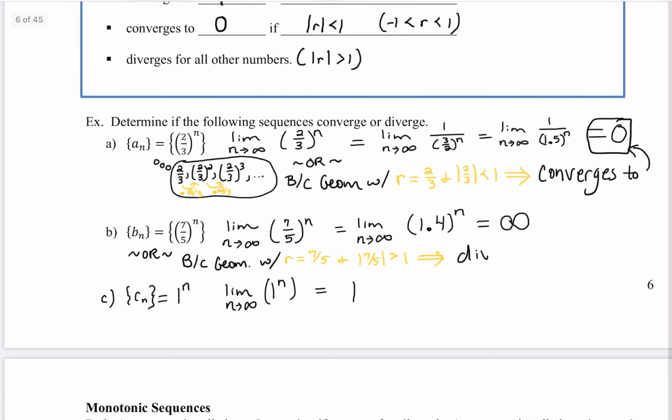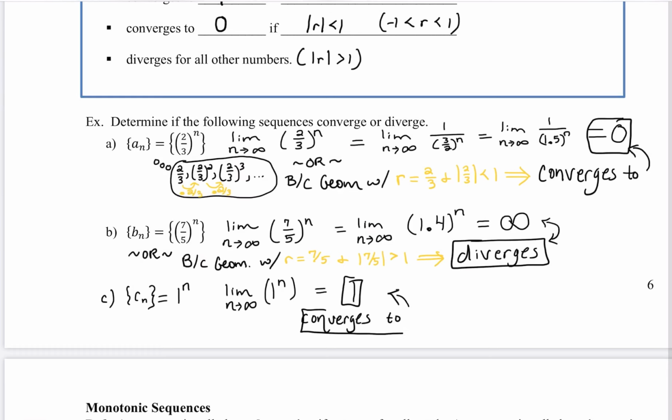And of course, that's what we know if the limit goes to infinity. So these two go hand in hand. And then of course the last one, it's geometric and the ratio there is 1. So it converges to 1.